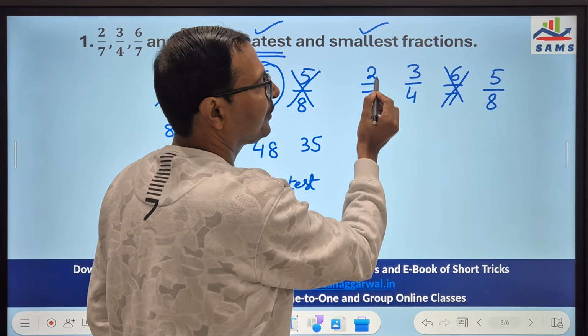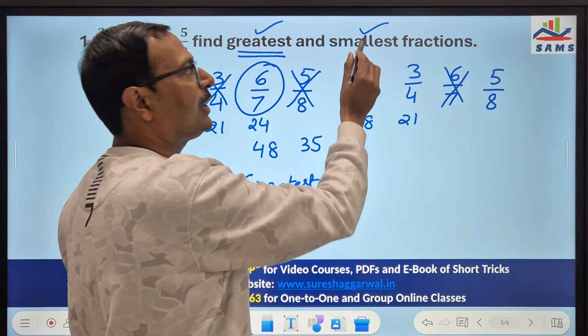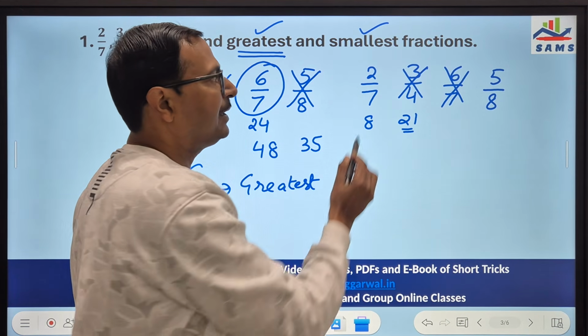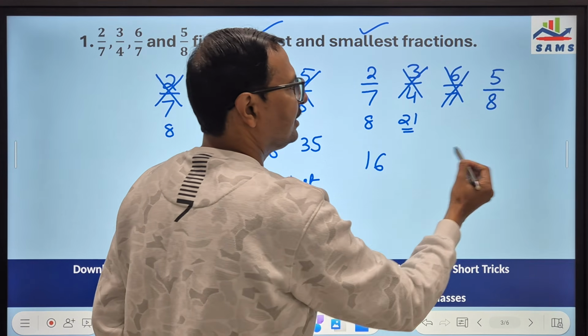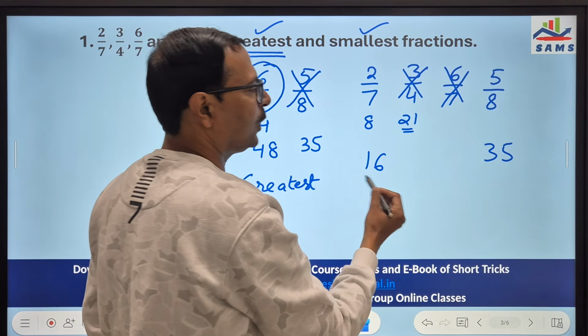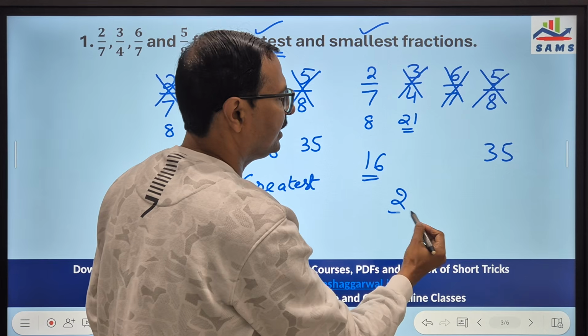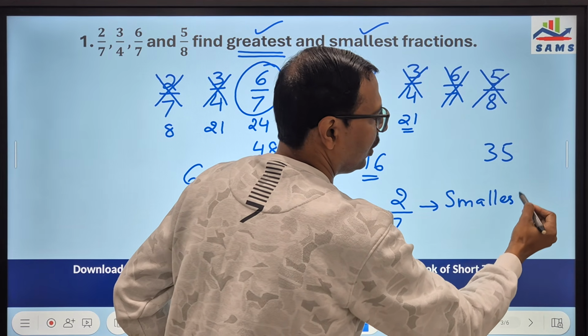Now use these two. 2 4s are 8, 3 7s are 21. I want to get the smallest, so the larger one will be eliminated. And then 2 times 8, 16 and 5 times 7, 35. I want the smaller, so the larger one will be eliminated, and your answer is 2 by 7, which is the smallest one among all of them.